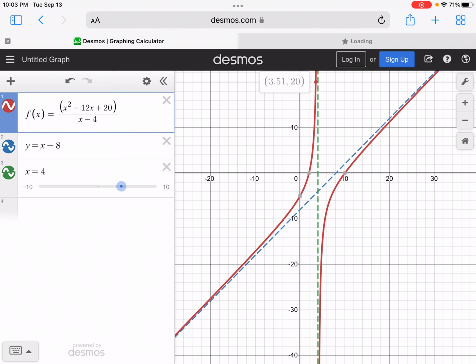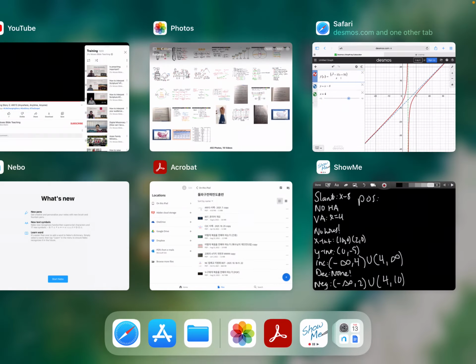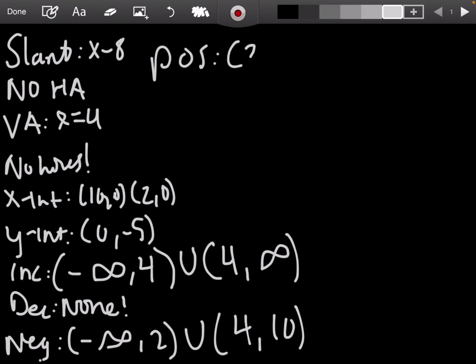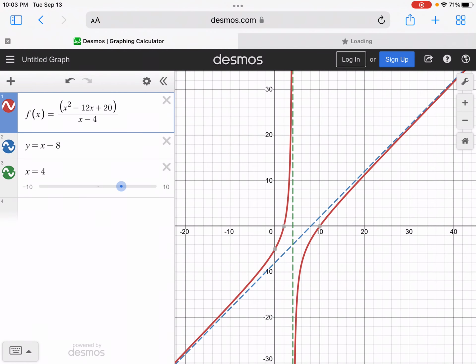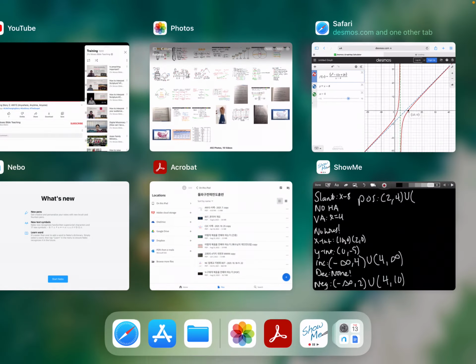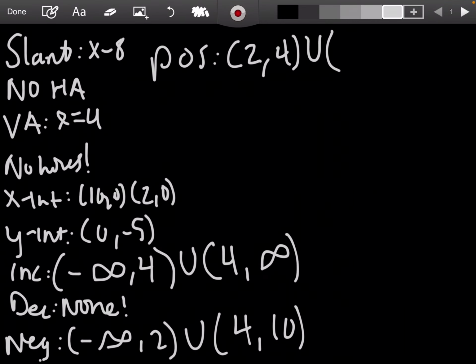So the first one will be (2, 4), no brackets, only parentheses, union. And then from 10 all the way to infinity, it's positive. It's a lot of jumping around, hang in there. So it's (10, infinity). Alright, so we got our positives done.